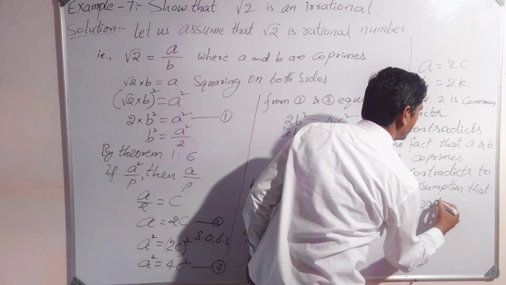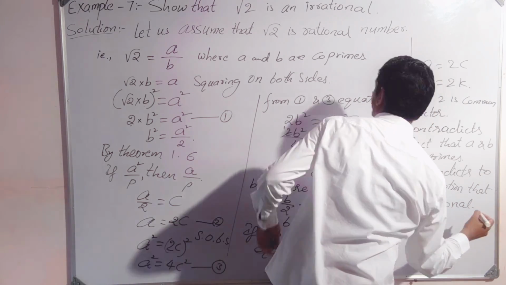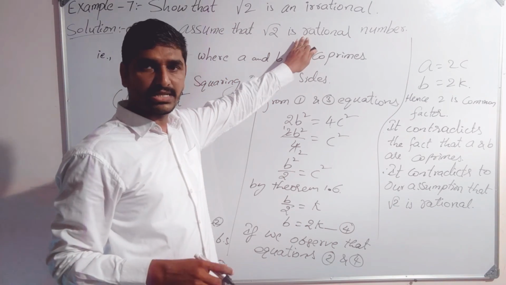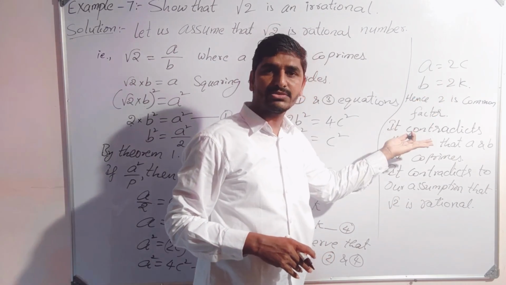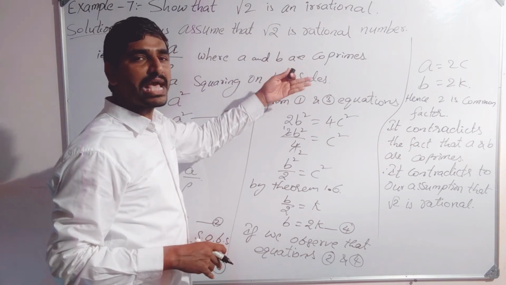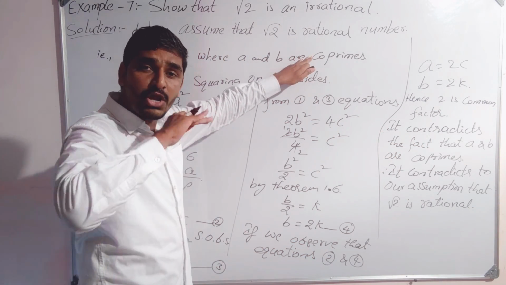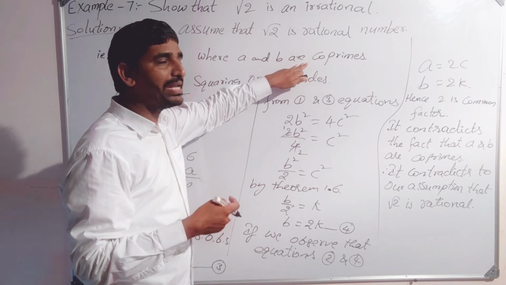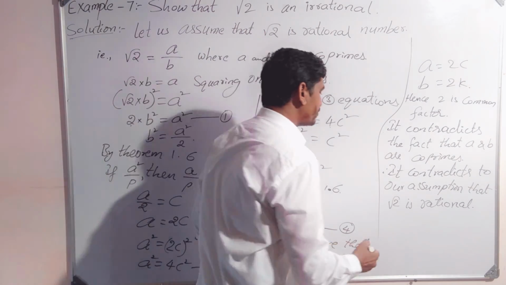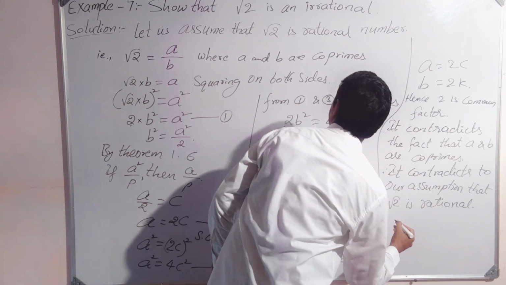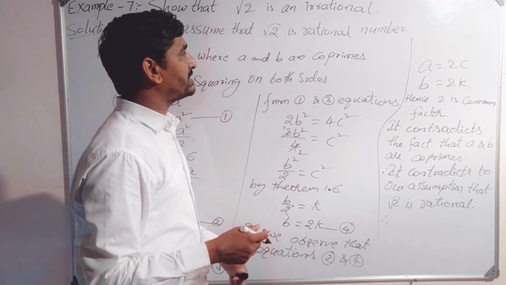What have we taken? Root 2 is rational. So that is wrong, because a and b both have 2 as a common factor, but there should not be like that. If it is happening, what is our assumption? That is false.